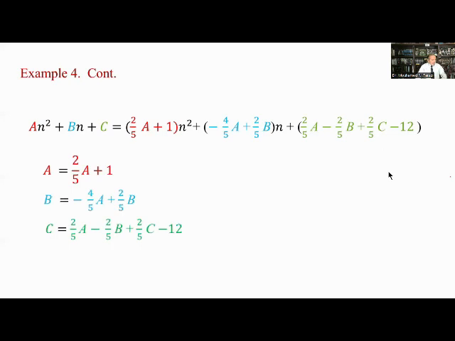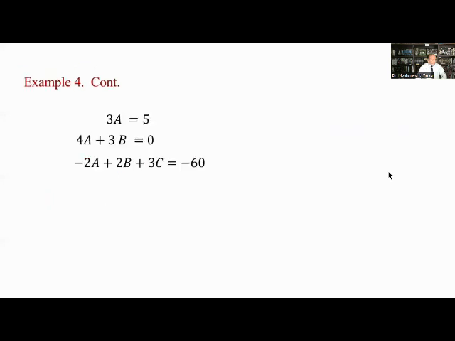A system of 3 equations. I can simplify it this way. You solve it, you get A = -5/3, B = -20/9, C = -470/27. So not all the time do you get nice numbers here. Sometimes you can get fractions like this, some complicated numbers.